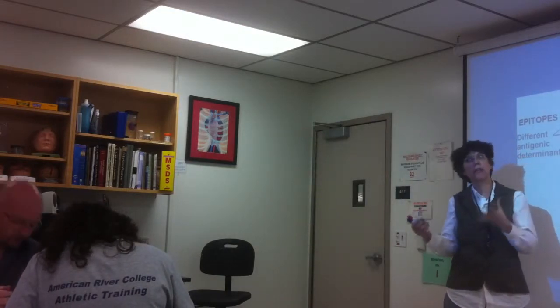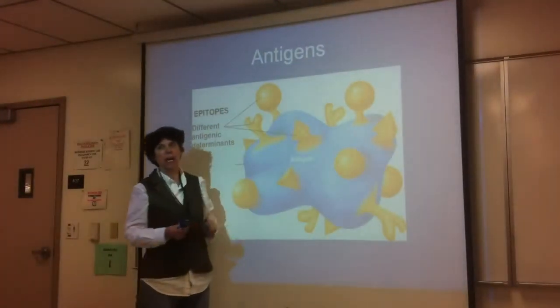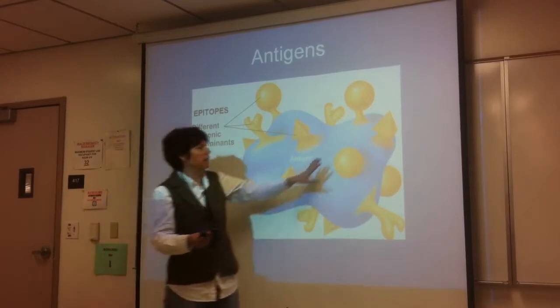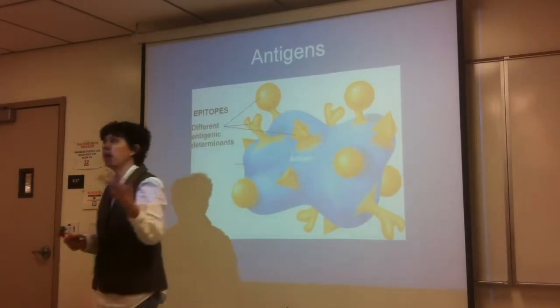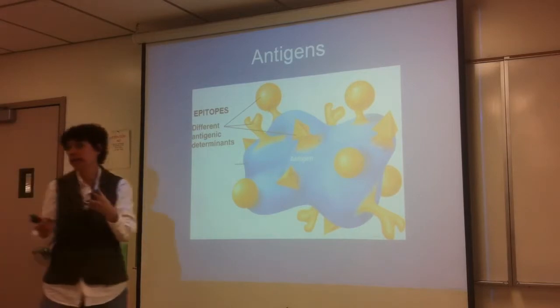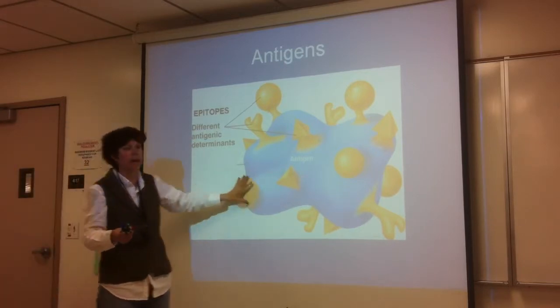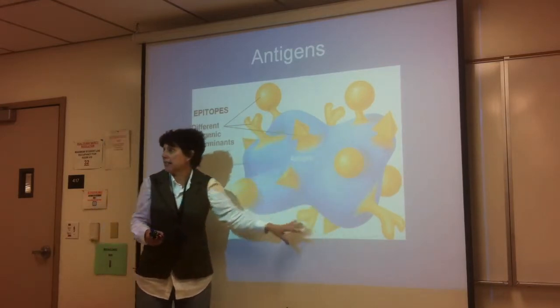So a particular lymphocyte might make an antibody against this particular epitope, but a different lymphocyte would make an antibody against this one. And those are then called polyclonal antibodies. So they're each made by different lymphocytes, because each lymphocyte's antibodies are always going to recognize the same thing. But they all recognize the same antigen.